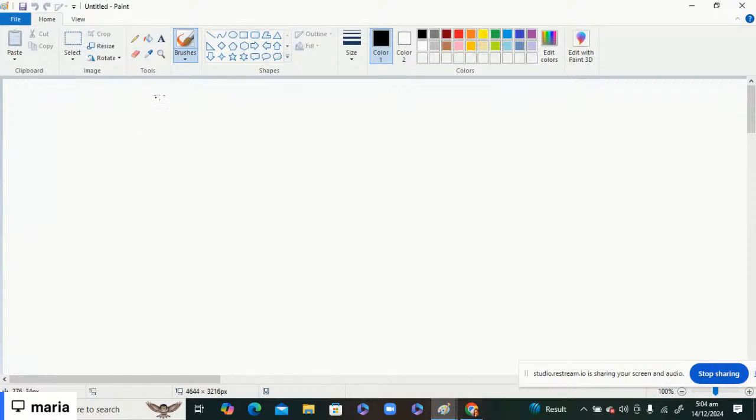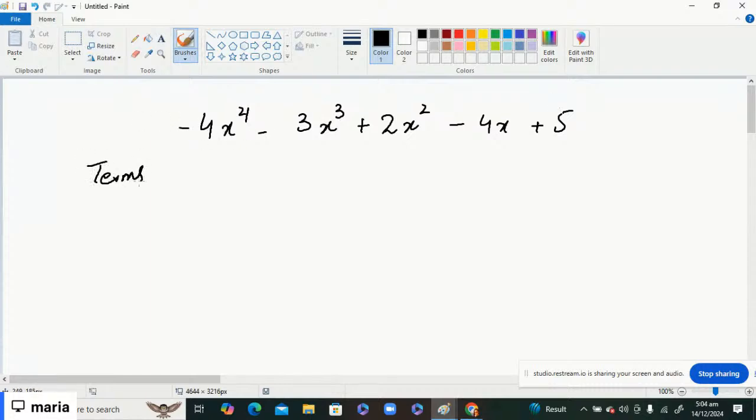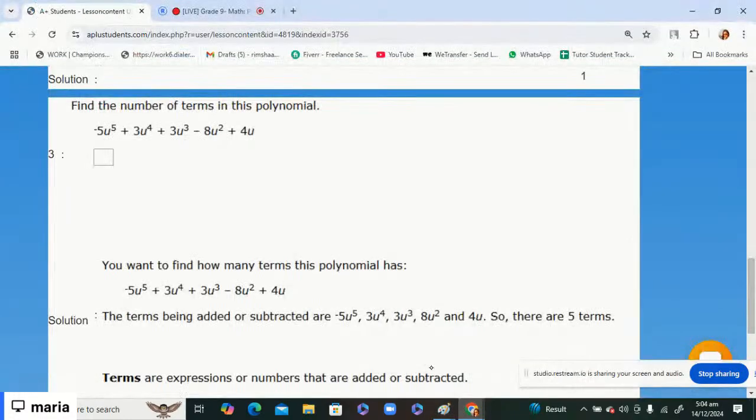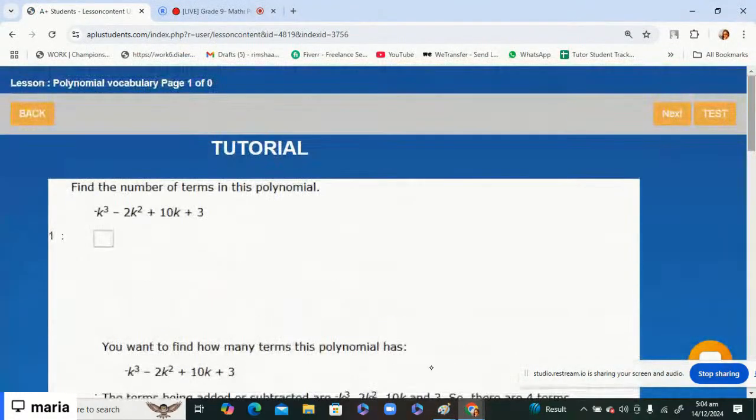For example, if I write minus 4x power 4 minus 3x cube plus 2x square minus 4x plus 5, how many terms are in it? 1, 2, 3, 4, and 5. So the total number of terms in this polynomial is 5. Okay, so this is basically the polynomial.